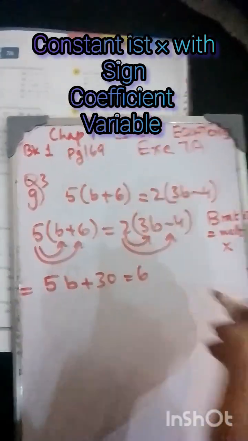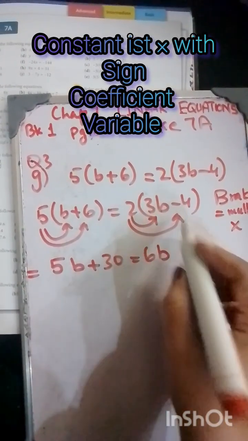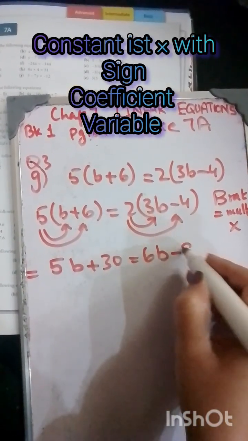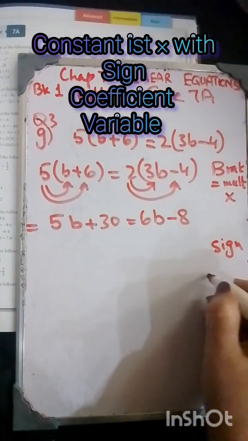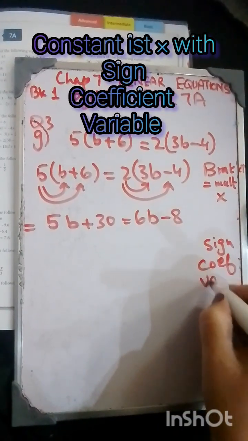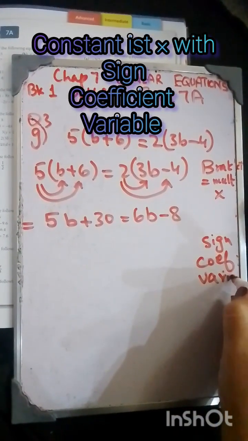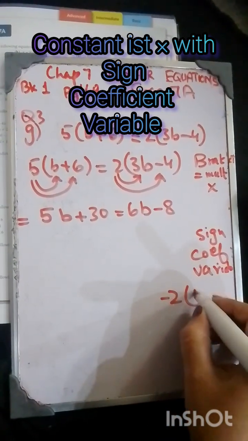So keeping that in sequence, 2 4s are 8 but negative 8. Definitely you have to keep that in mind. First you have to multiply signs, then you have to multiply coefficients, then you have to multiply the variables. This is the order. First the signs multiply.